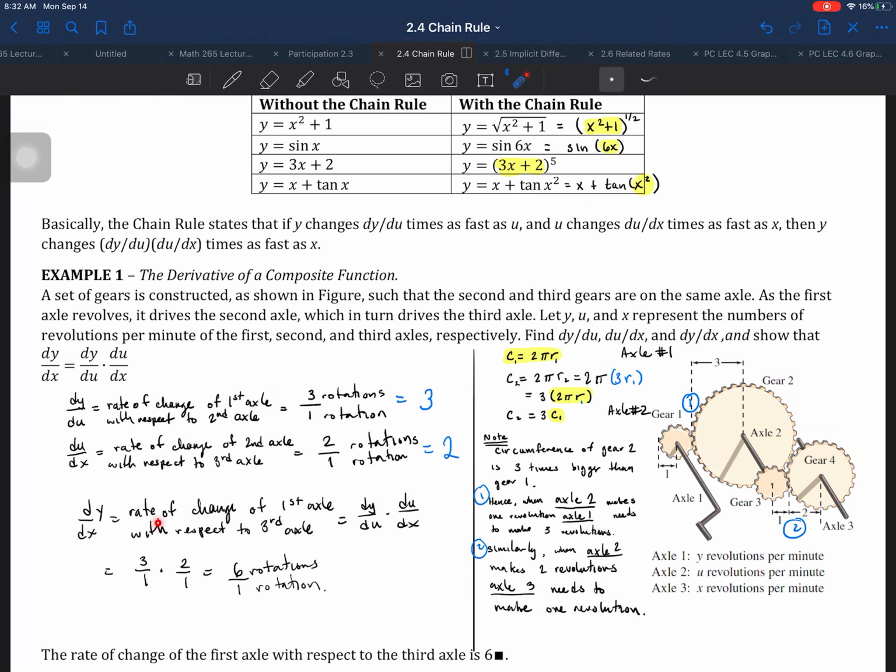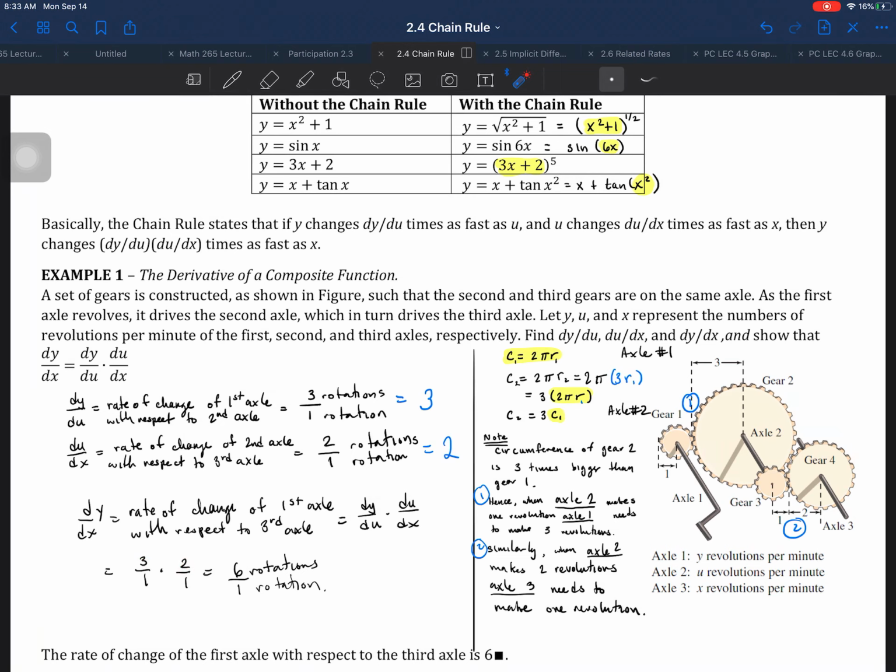So the rate of change of the first axle with respect to the third axle can be described as dy over du times du over dx. All we have to do is replace dy over du with 3, which we already found, and du over dx with 2 over 1. So 3 over 1 times 2 over 1: 3 times 2 is 6, and 1 times 1 is 1.